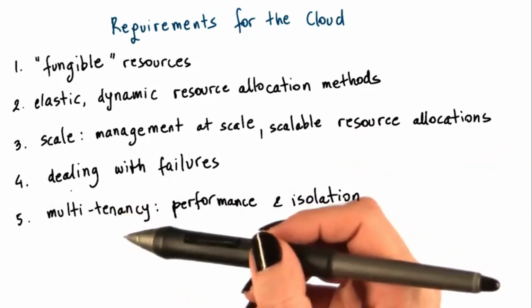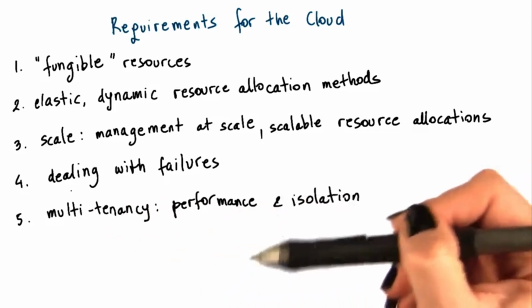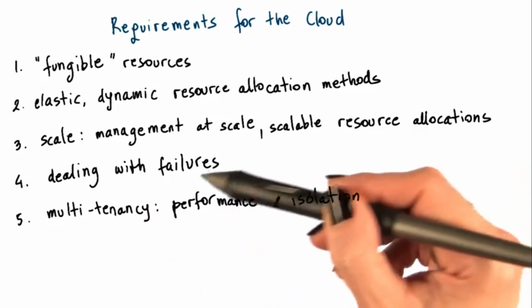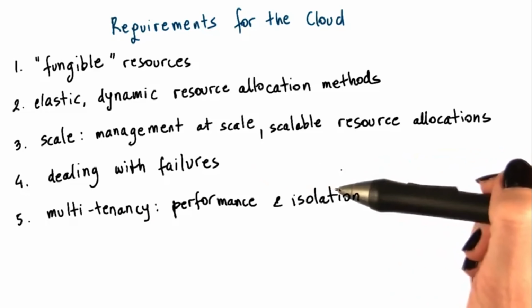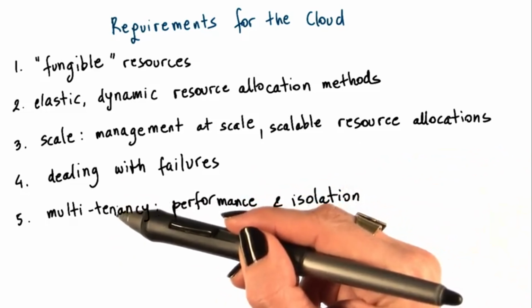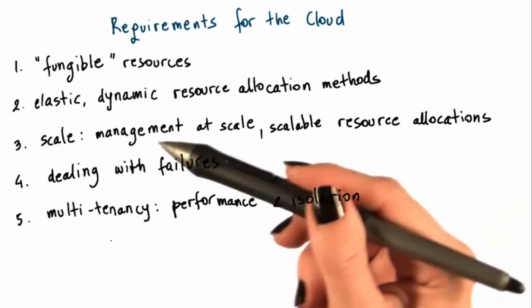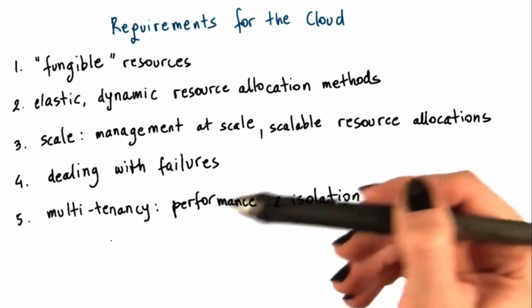So cloud management has to deal with this multi-tenancy. It has to provide mechanisms that guarantee performance and provide isolation across multiple workloads, multiple tenants. We cannot have one misbehaving tenant that will somehow take control over all of the resources and punish and hurt the performance of the remaining tenants.